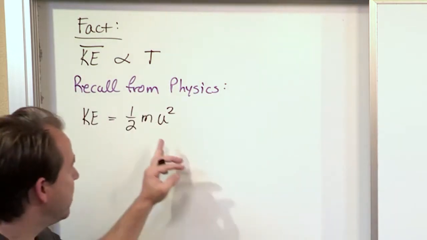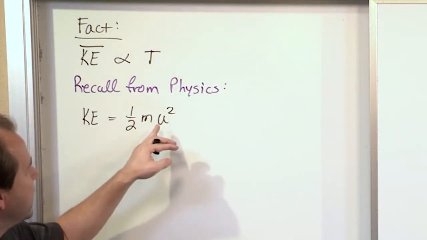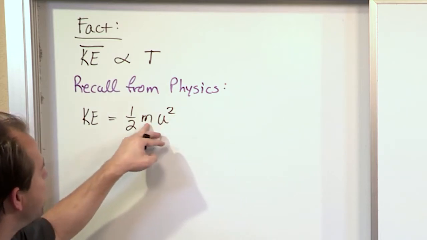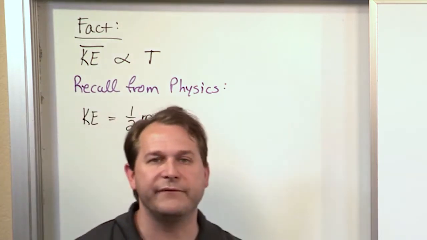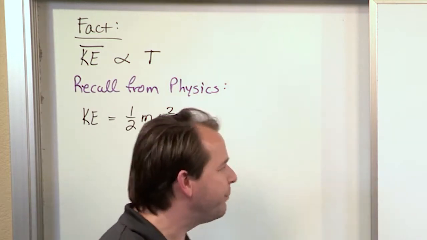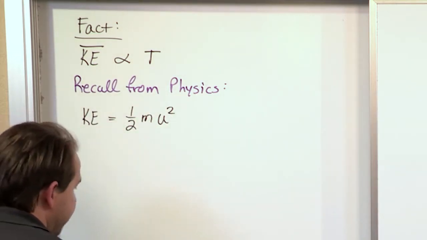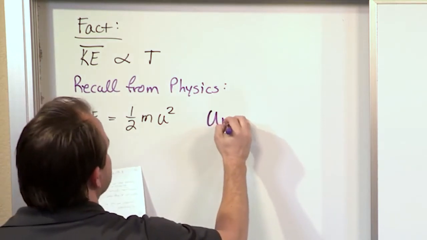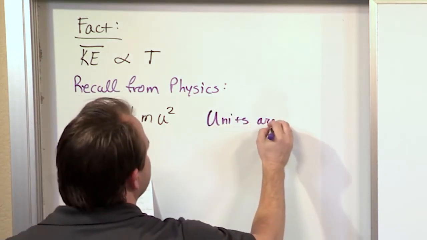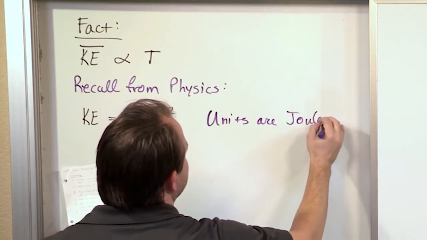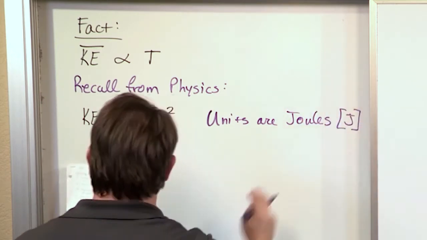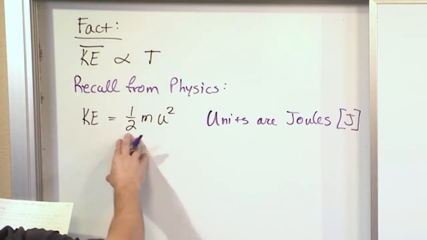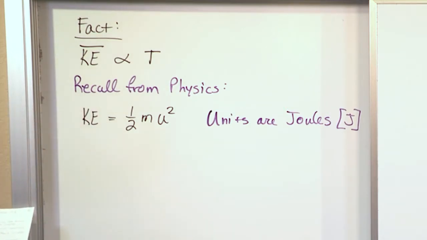If I know the bowling ball is 5 kilograms and I know its speed, I'm rolling it at 2 meters per second, I square that, multiply by the mass, multiply by 0.5, and I get a number back that represents the energy. And when you measure and calculate energy, the units are what we call joules, which we represent with the letter J. So basically this equation applies to bowling balls, but of course we're talking about gas molecules.